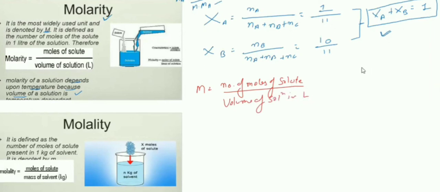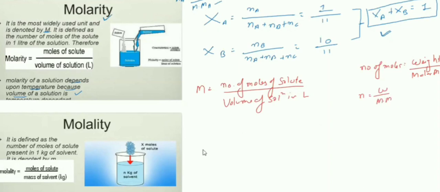Now, all of us know that number of moles is equal to weight upon molar mass. That is, n is equal to W upon molar mass.